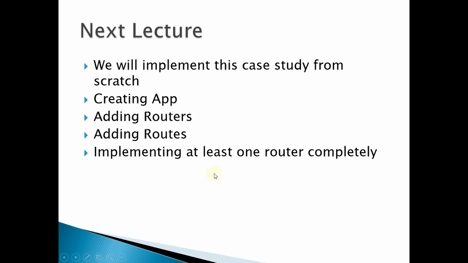Here 'I' is important, because I will implement only one router. The remaining routers will be implemented by you as your assignment. So be prepared for your assignment. I will implement one of these routers: it can be head, student, teacher, or admin. I will implement one router completely. The remaining routers will be implemented by you in your assignment.